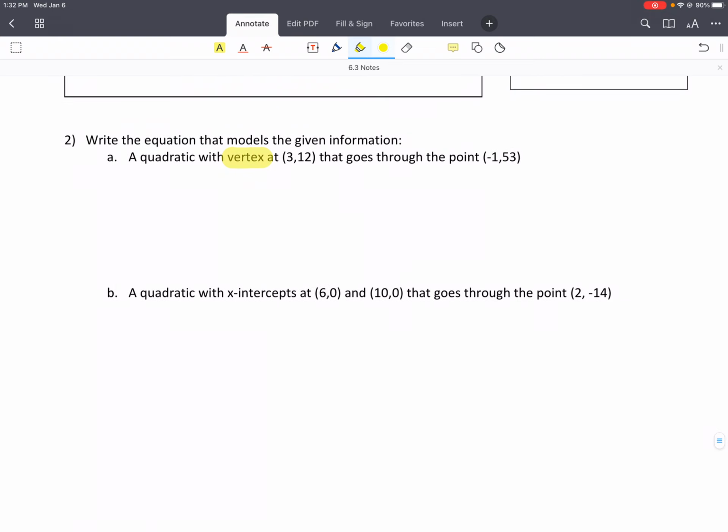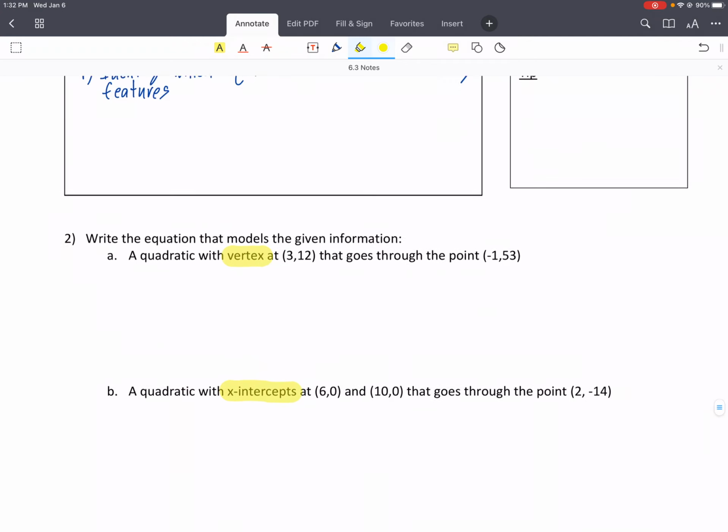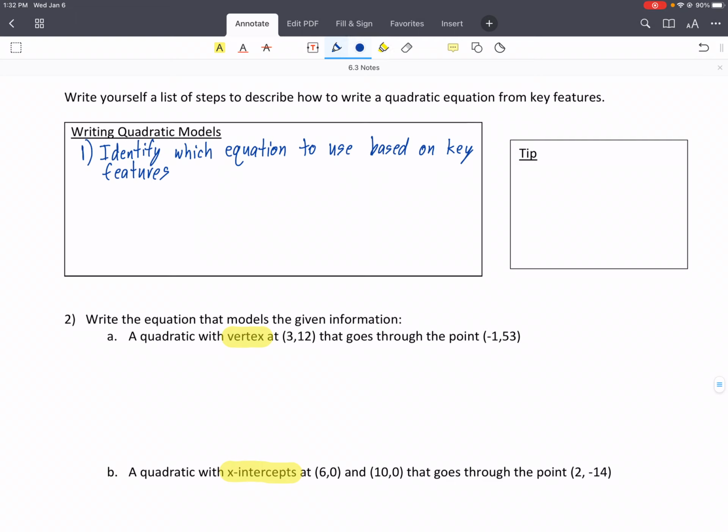If it gives us our x-intercept, like in B here, then we use our intercept form. So then 2, we got to plug in our key feature. Okay, and then they also need to give us a point, like both of these ones do. So then number 3, we got to plug in our point.